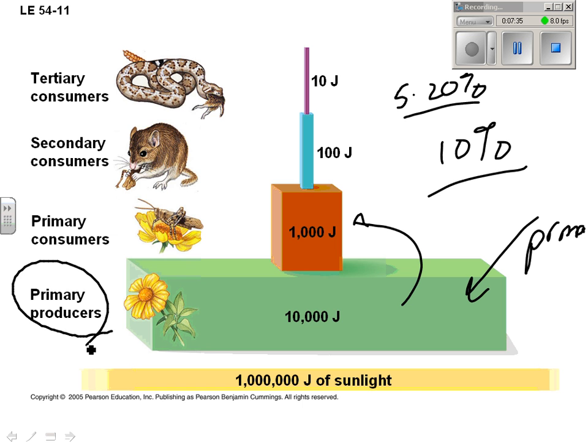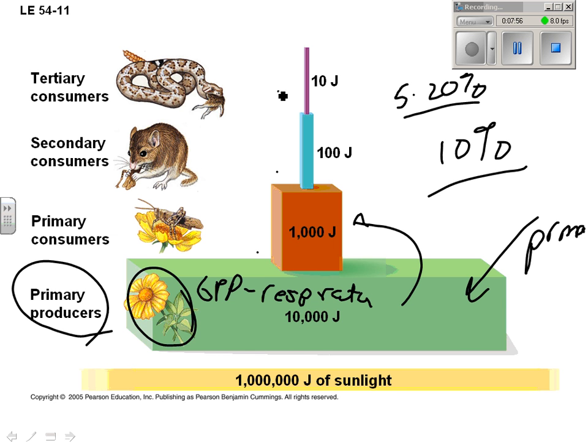This is the amount of energy they use as they produce after respiration. So this is gross primary production minus respiration, because that's the stuff they use up, and so everything else they put into themselves. They don't produce feces.